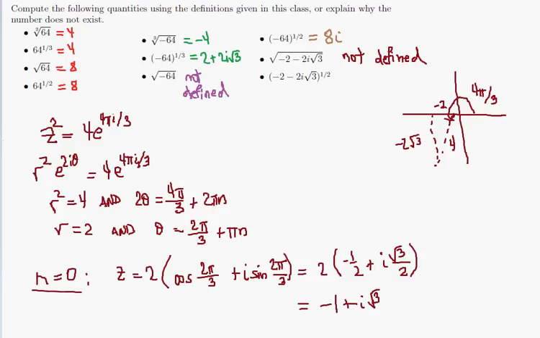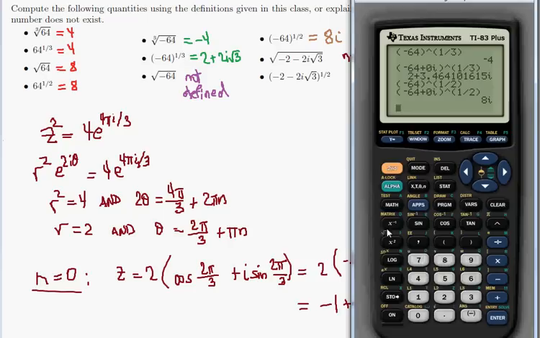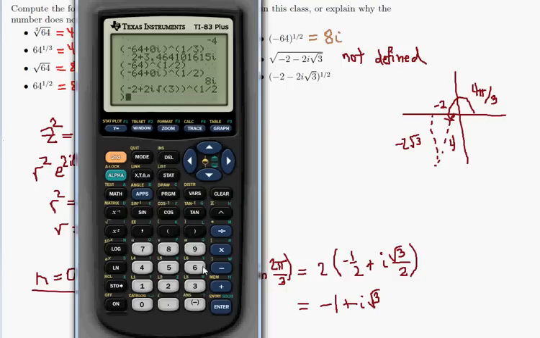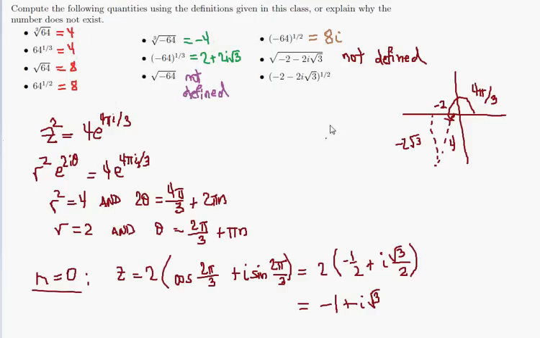And let's check that this matches what the calculator says. If we take negative 2 plus 2 times i times the square root of 3 and raise it to the 1/2 power, then we do indeed get negative 1 plus square root of 3 times i. So that's how to do these particular problems. And so let me mark that as the answer, negative 1 plus i square root of 3.